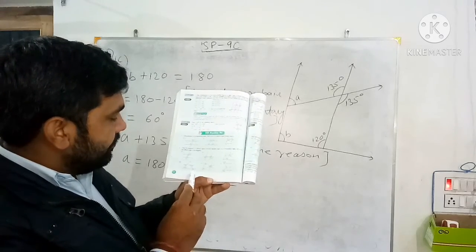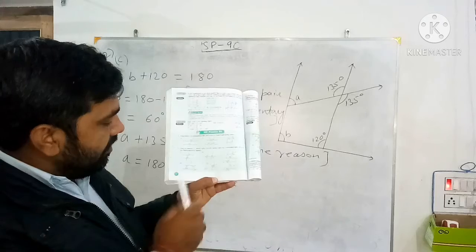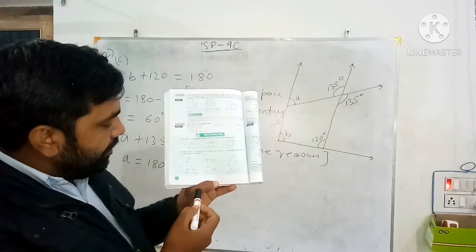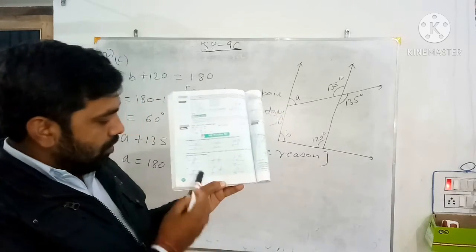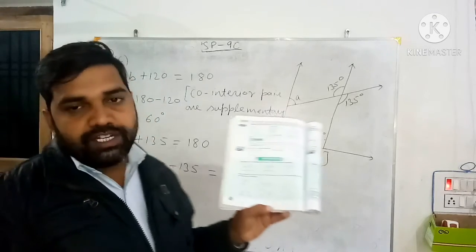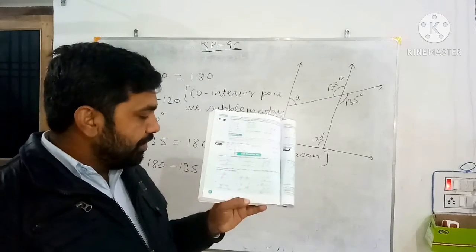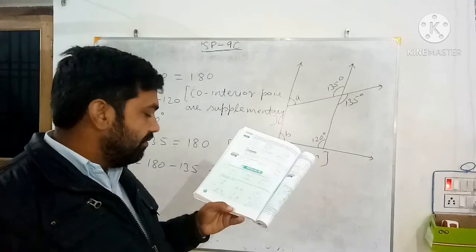Now here also, this will be the vertical opposite angle, and this B and 40 degrees will be the co-interior pair, and their sum will be supplementary. So you can write B plus 40 equals 180, reason: co-interior pair supplementary. So B will be 180 minus 40, that is 140 degrees.